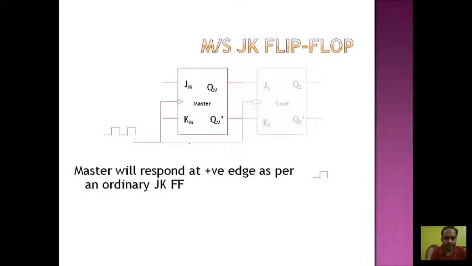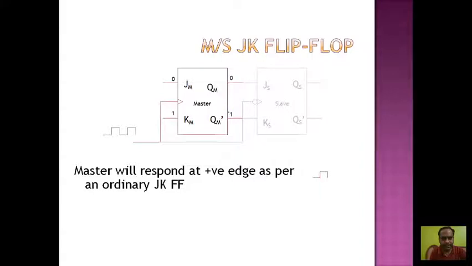That is, as it is positive edge triggered, it will trigger at the positive edge of the clock cycle, and the behavior will be, if we provide 00 as inputs, it will be retrieving the last state as it is.